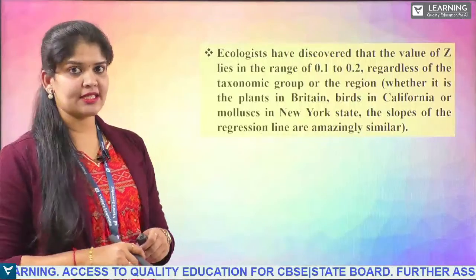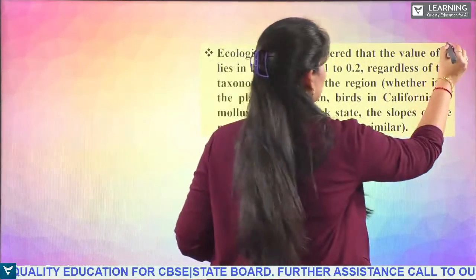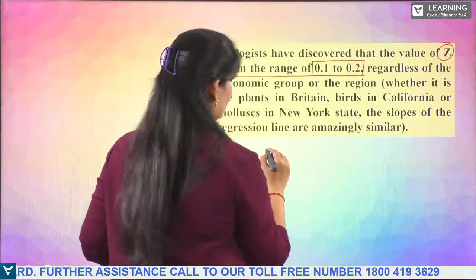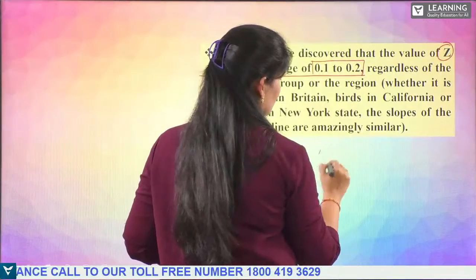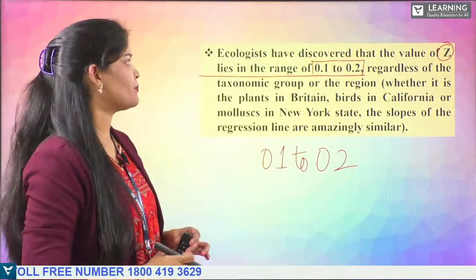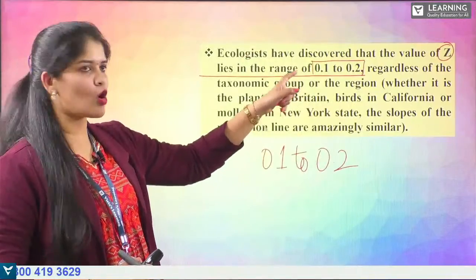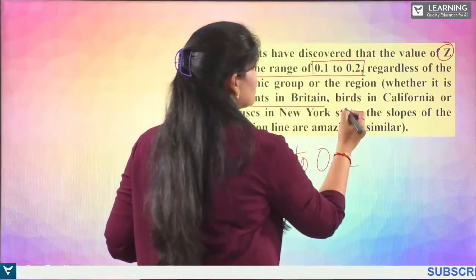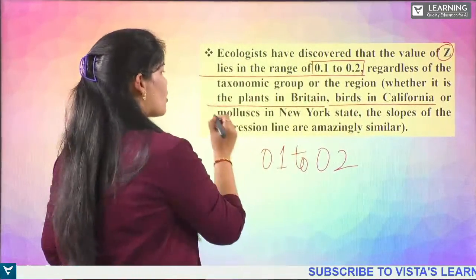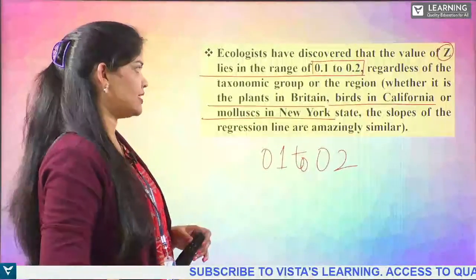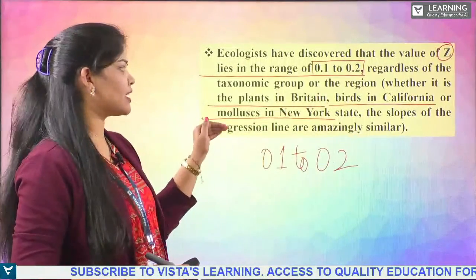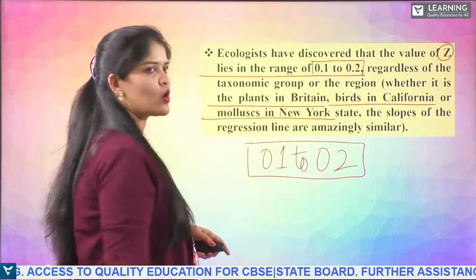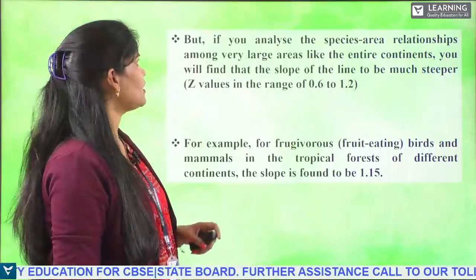Here, ecologists have described that the value of Z falls in the range of 0.1 to 0.2. Remember this: regardless of the taxonomic group or the regions, whether it is temperate or tropical regions, whether it is plants in Britain, birds in California or mollusks in New York State, the slopes of the regression lines are amazingly similar, falling between 0.1 and 0.2.